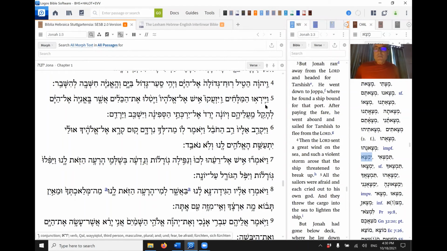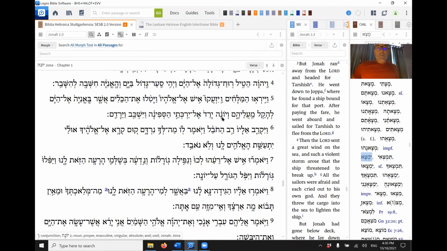And going back to verse 5, we have several narrative clauses. Vayiru, they were afraid, the sailors were afraid. Vayitzachu, they cried out, each one to his God. Vayatilu, and they threw the cargo overboard to lighten the ship.